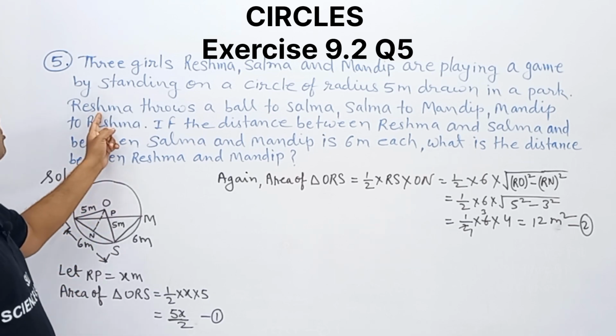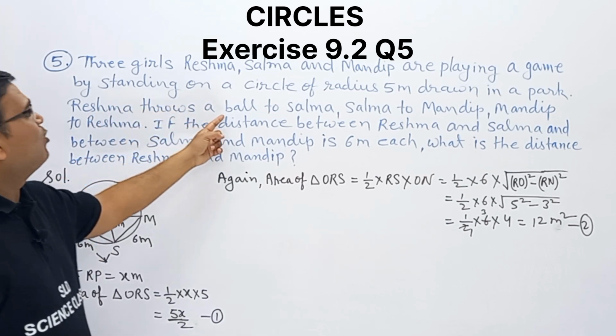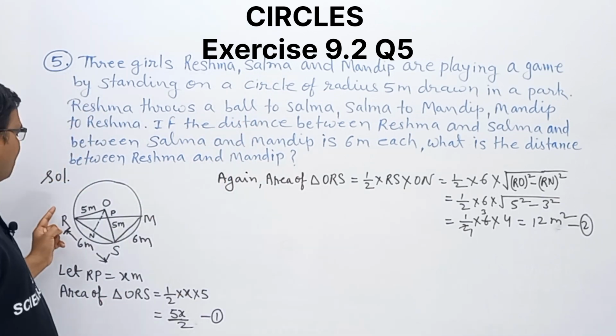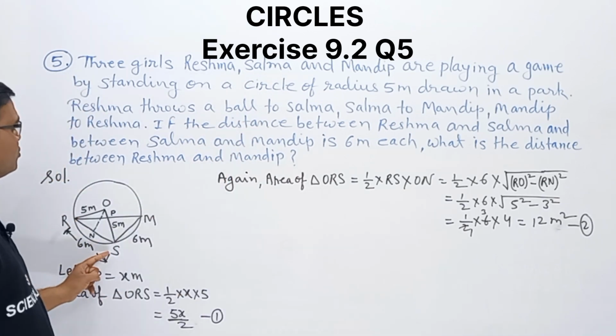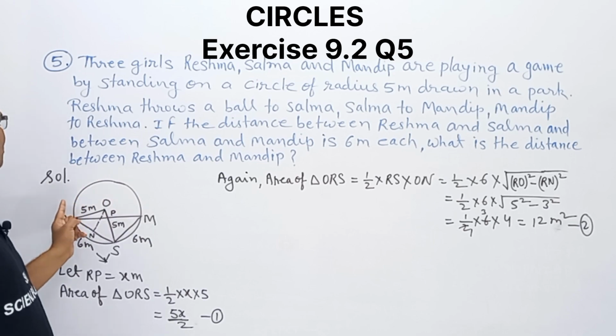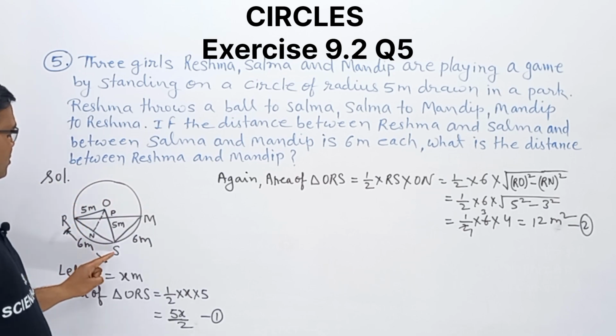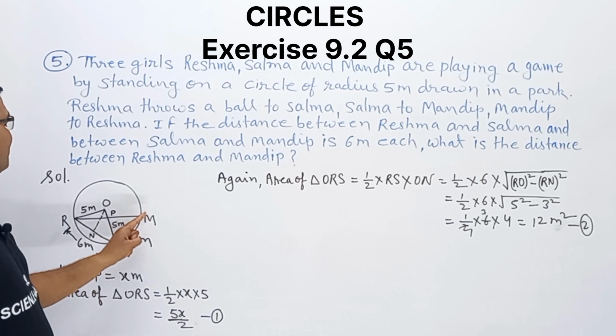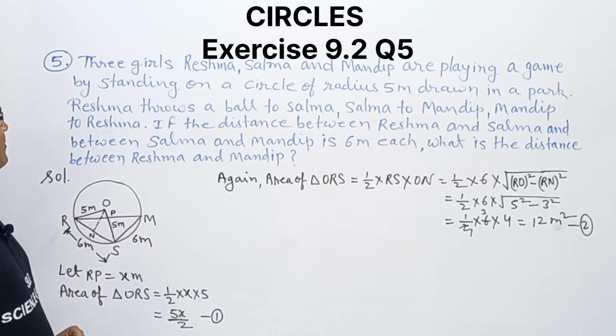Clear? Reshma throws a ball to Salma, Salma throws a ball to Mandeep and Mandeep throws a ball to Reshma. Clear? Reshma to Salma, Salma to Mandeep and Mandeep to Reshma.